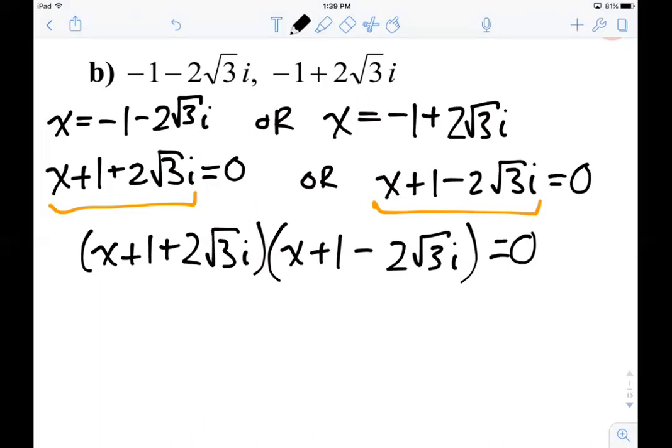Now, we could just do it term by term in the way that we're used to. So in other words, multiplying every term from the first bracket by every term in the second bracket. But there's also an important thing that we can note here if we look carefully at what we're dealing with. You probably noticed that there's a lot of similar stuff happening in both of these brackets.